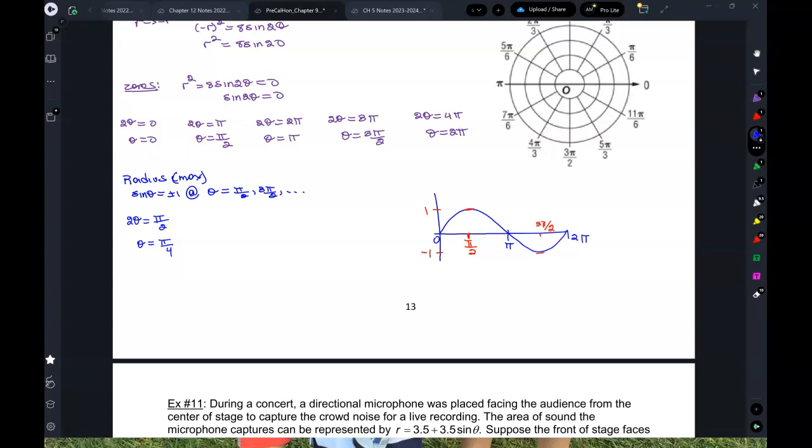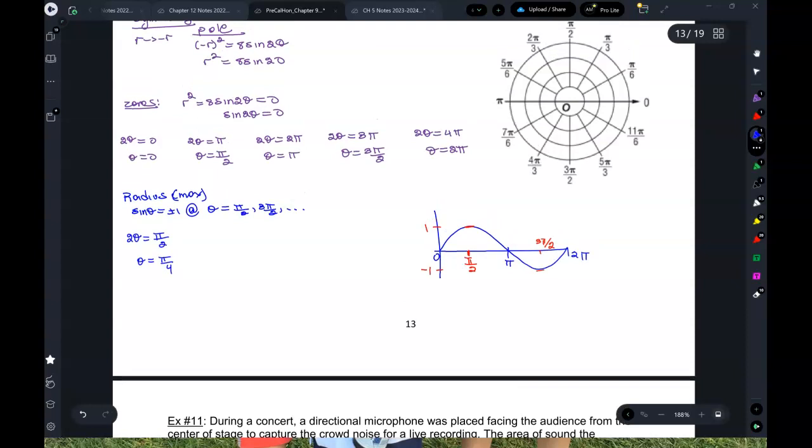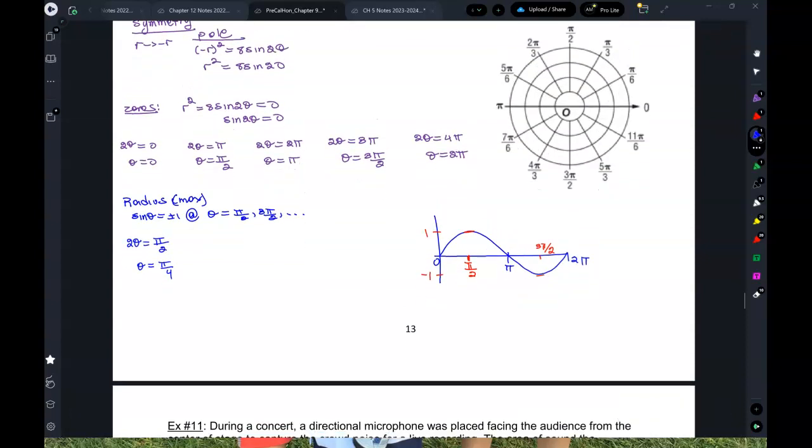Let's see here. When 2 theta is equal to 3 pi over 2, theta, just go with me on this for a minute, and I'm going to tell you something. When 2 theta is 5 pi over 2, theta is 5 pi over 4.